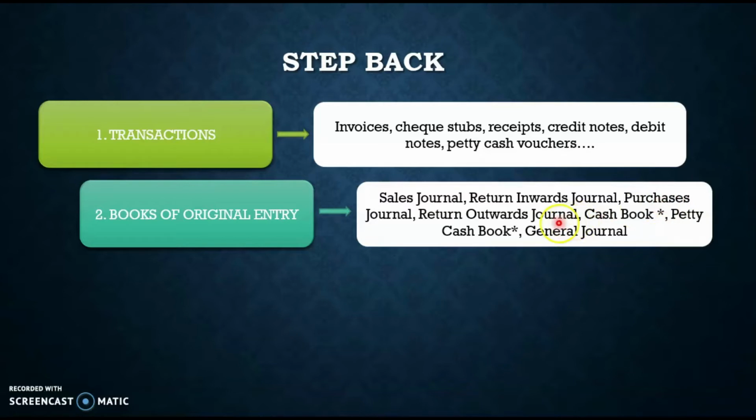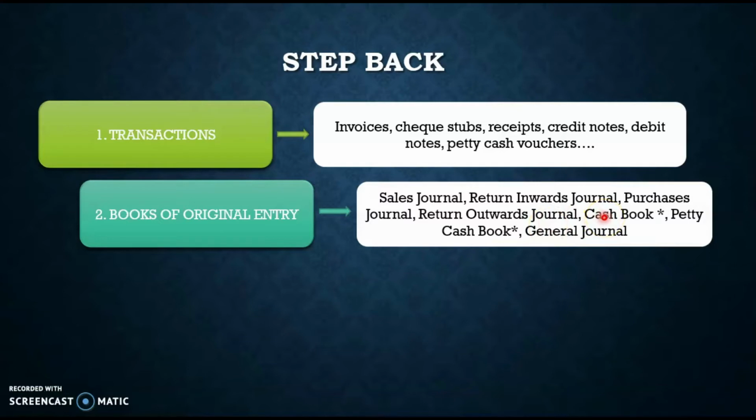For whatever reason, if there's any fault, the wrong order, wrong size, anything like that, we'll return it to our suppliers. Again, you cannot put it in the book that you wrote it in when you purchased it. So you have to document it in another journal, and that is your return outwards journal.